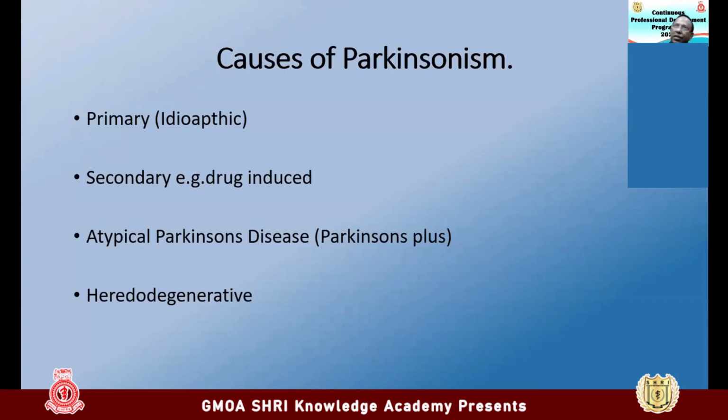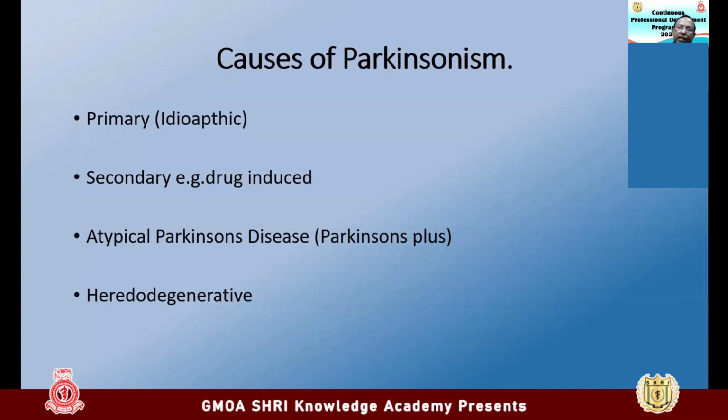So secondary is drug-induced. Our psychiatrist colleagues are the commonest culprits, because they use a lot of dopamine-blocking drugs. Because of that, some psychiatric patients on long-term antipsychotics develop Parkinsonism. So this is a secondary cause, which means there is a cause that you can identify.